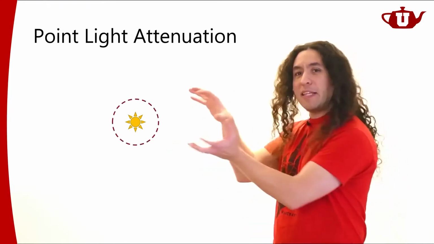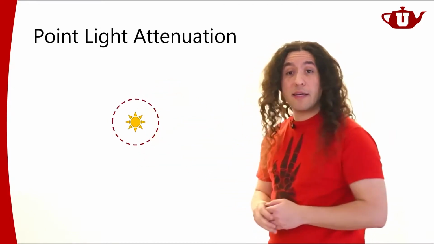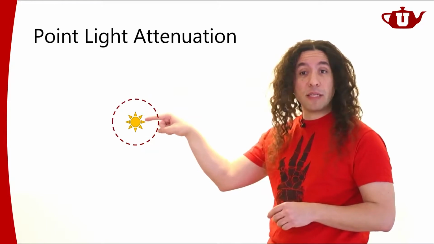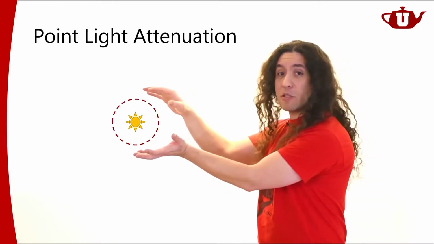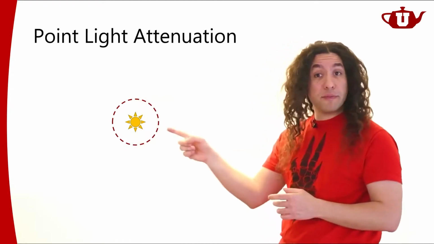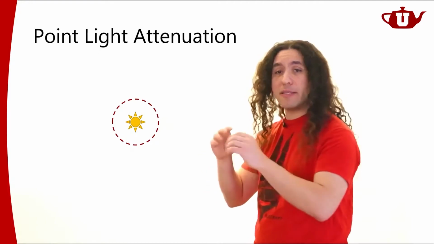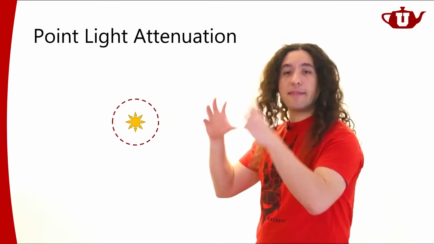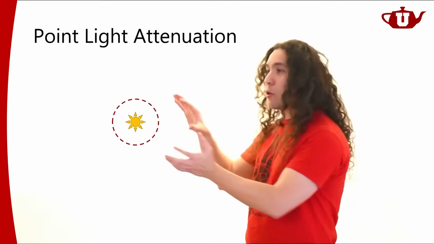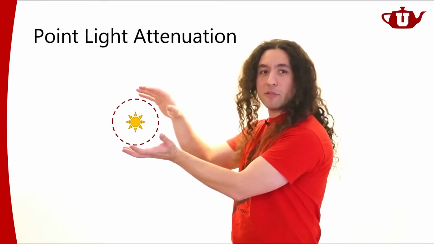Now, the interior of this sphere is going to capture all of the light that's coming out of this light source, right? So all of the light coming out of that light source will be captured by the interior surface of this sphere. Let's say that my illumination coming out of this point light source is isotropic. It's the same in all directions. So I'm getting the same illumination per area on the interior surface here.